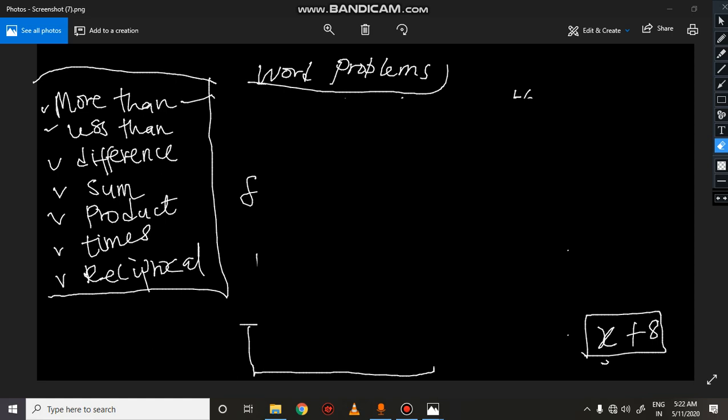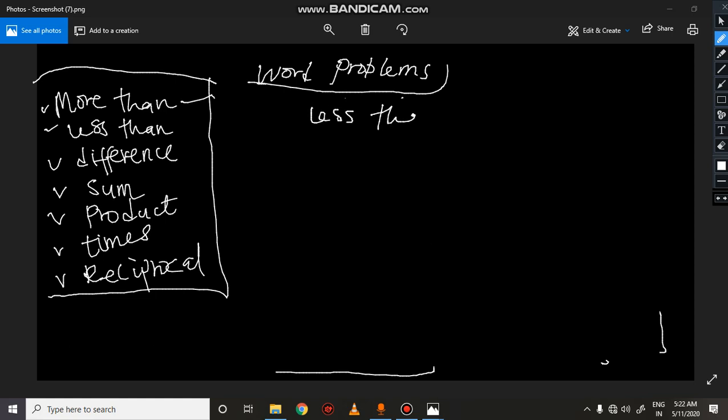So let's take another one. The second one is less than. It's similar to the first one, except this time it will be negative. So when you have 6 less than, it will be minus 6.